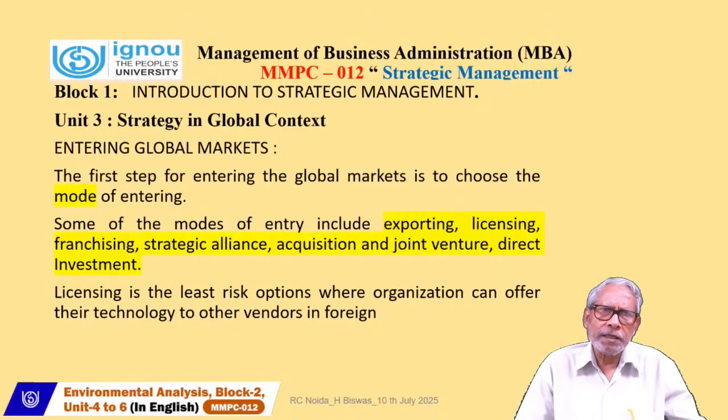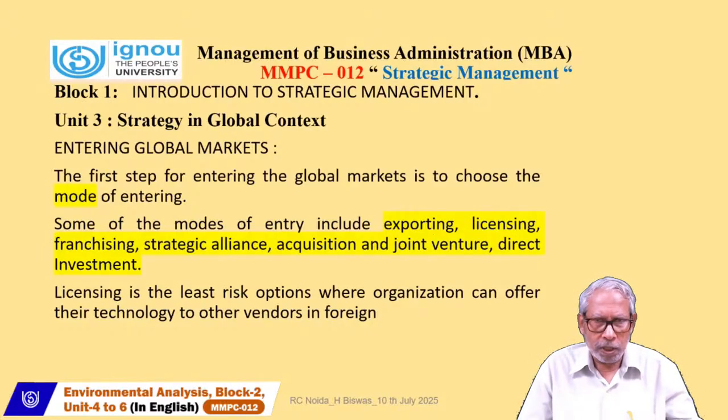Now, how to enter the market. Entering the global market is important. The first step for entering the global market is to choose the mode of entry. What way you have to take: exporting, licensing, franchising, alliances. So many different modes are there.